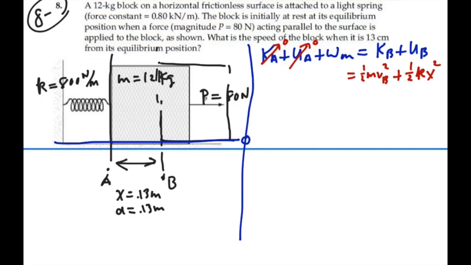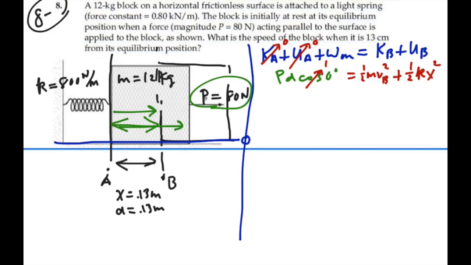We have work done along the way. That's the work done by this force P, and it's acting for a distance d, and they're in the same direction. So this is going to be P times d cosine 0 degrees is going to be the work done along the way. Cosine of 0 is 1, so it's just going to be P times d.